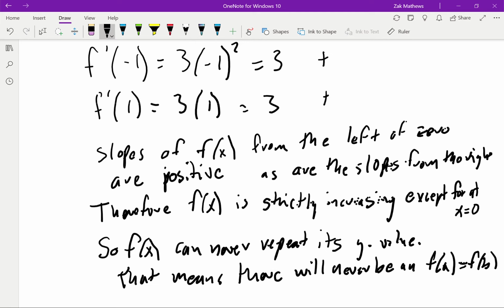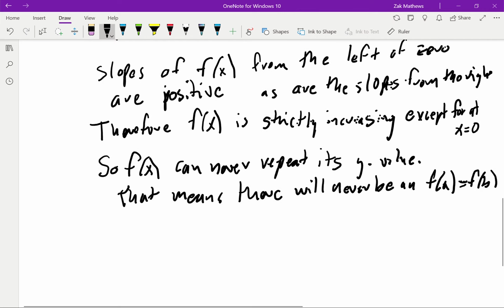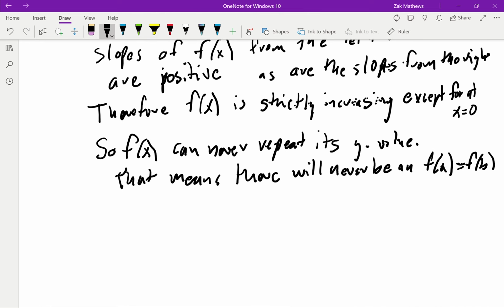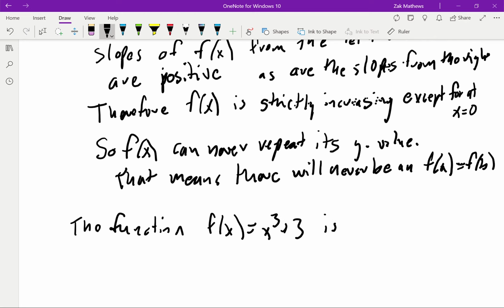If these y values are never equal, if we never have this turning point, well then that excludes the ability to ever have a minimum. Or I said a minimum, it couldn't be a maximum either. So what we would say is the function f of x equals x cubed plus 3 is continuous on negative infinity to infinity.